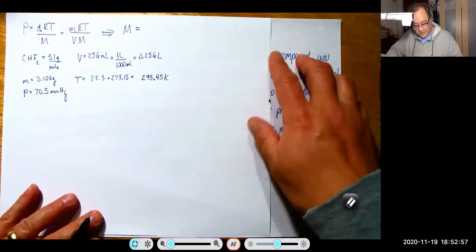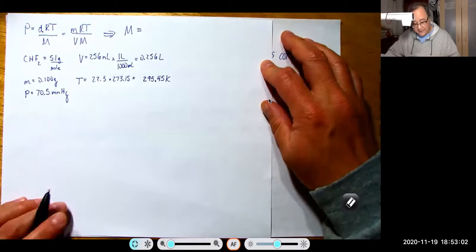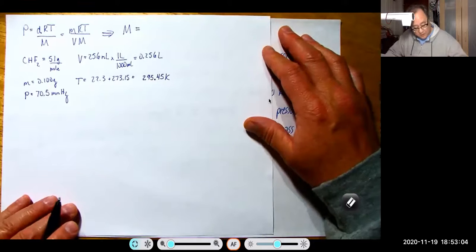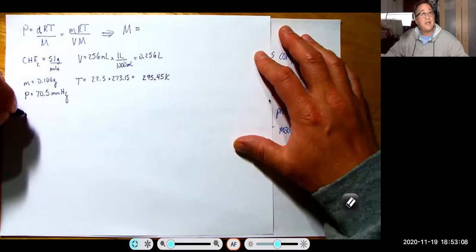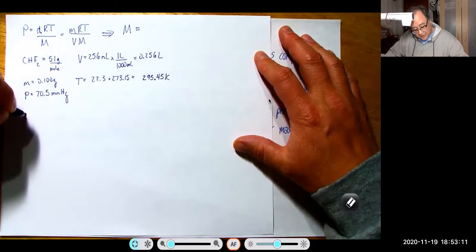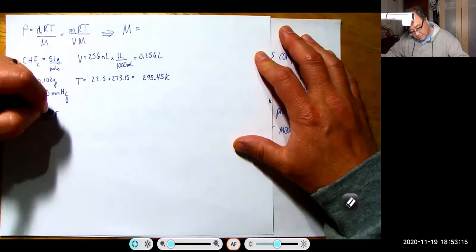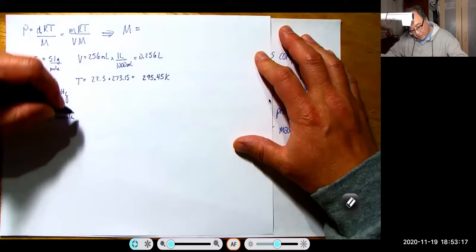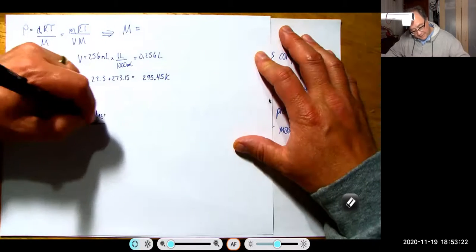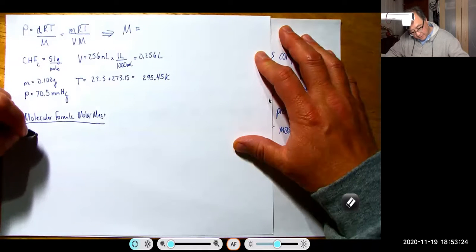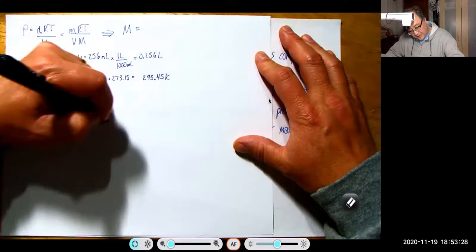okay. And the idea here is that if we know the molar mass, we should be able to calculate the molecular formula. Because recall that if you take the molecular formula molar mass and divide it by the empirical formula molar mass, you get a multiplier.